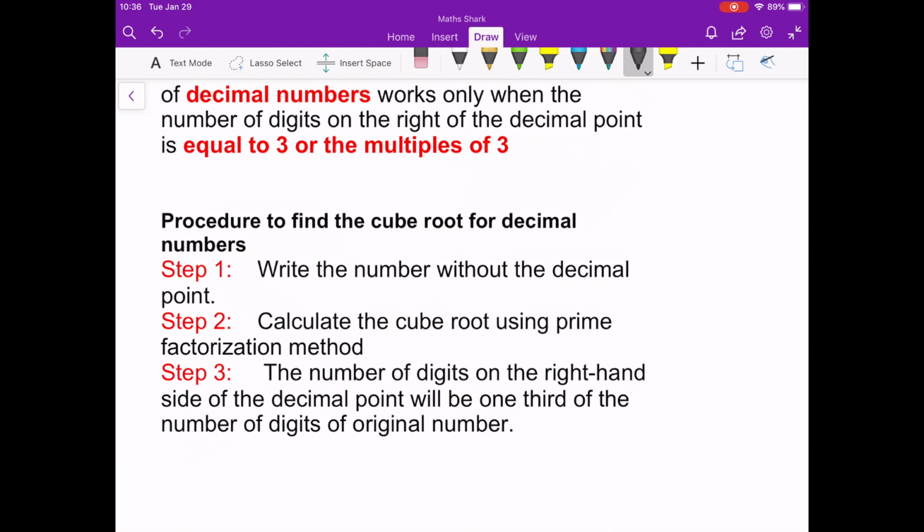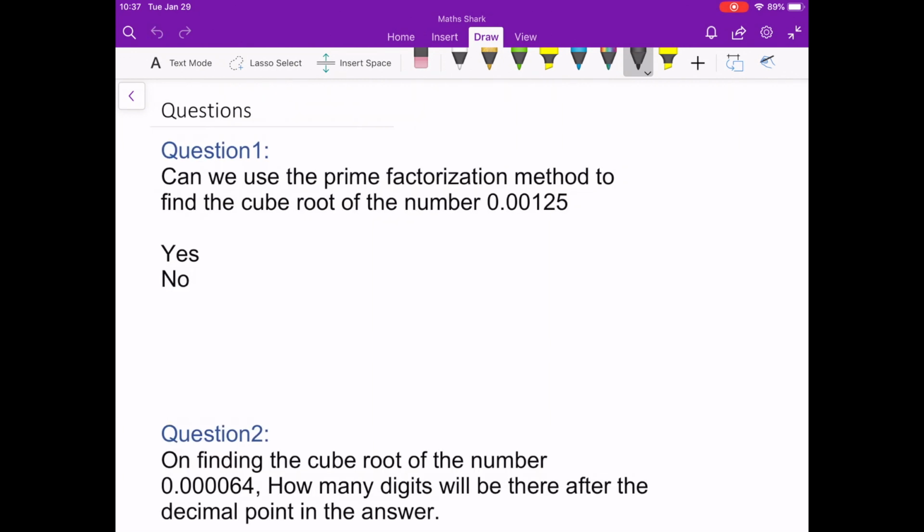Step 2, calculate the cube root using the prime factorization method. Step 3, the number of digits on the right hand side of the decimal point will be 1/3 of the number of digits of the original number. So calculate 1/3 of the number of digits after the decimal point in the original number and place the decimal point accordingly.